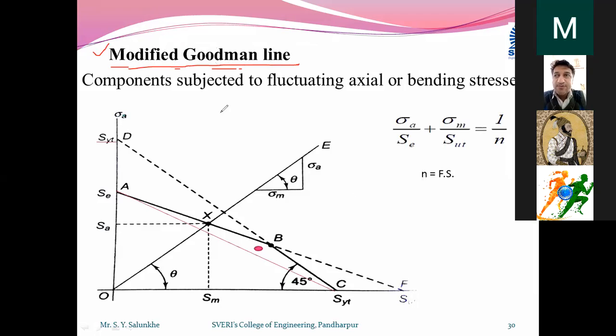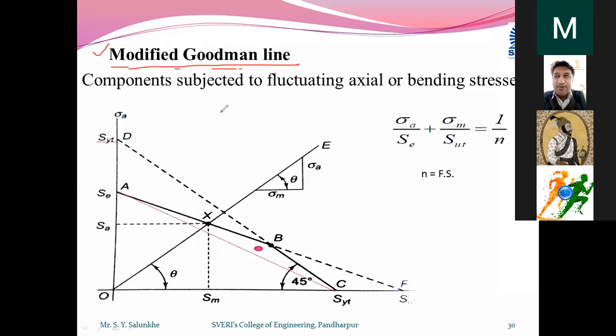The endurance limit which has been calculated, Goodman conducted this type of experiment, and he has shown the relationship between endurance limit and the number of cycles which a standard specimen can sustain.